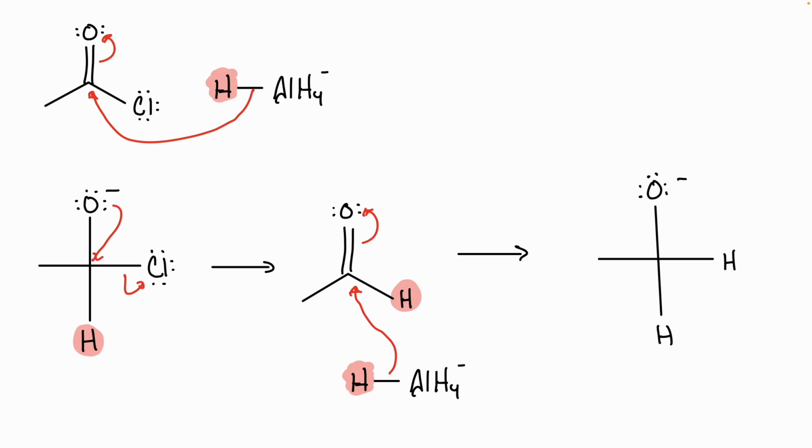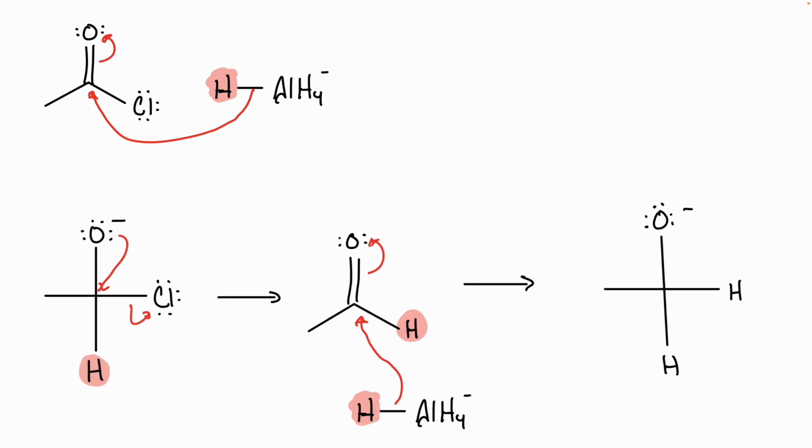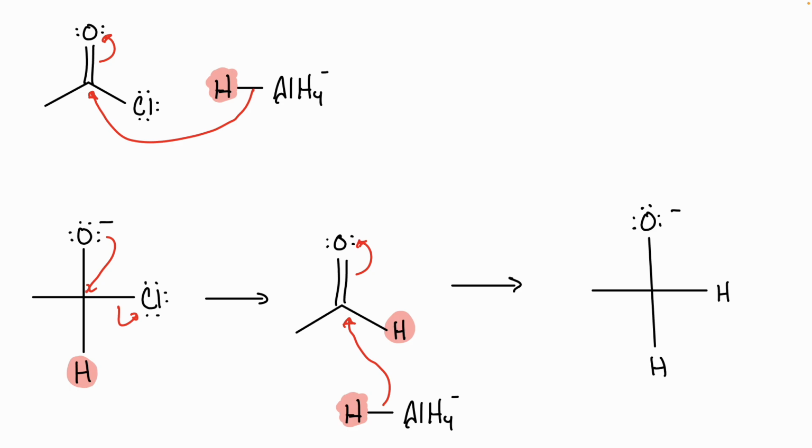And we ask ourselves, do we have a good leaving group? Well, neither carbon nor hydrogen is about to play the role of a leaving group, so we're stuck. And we're stuck until we do that second step, where we add in that acidic workup, that aqueous acid.